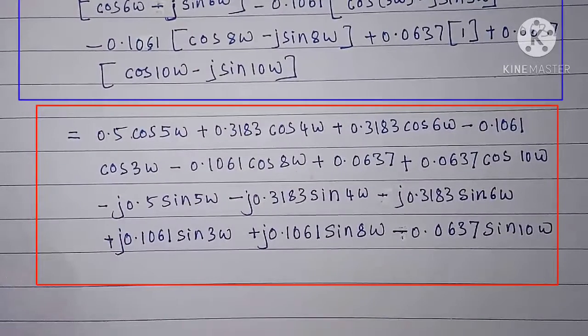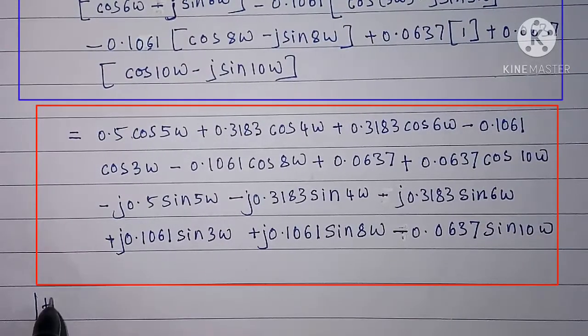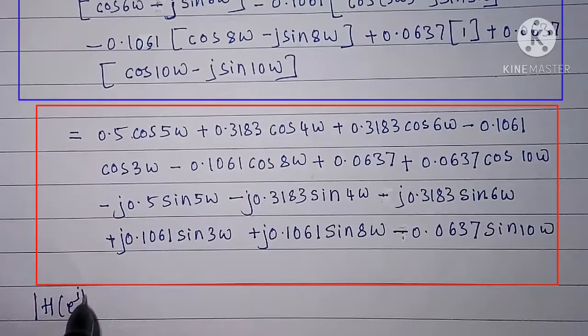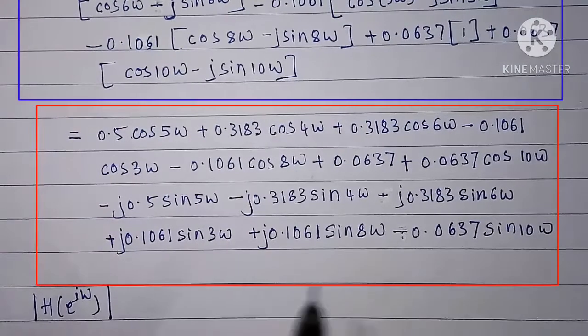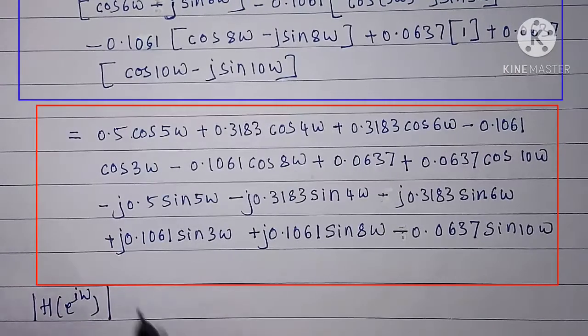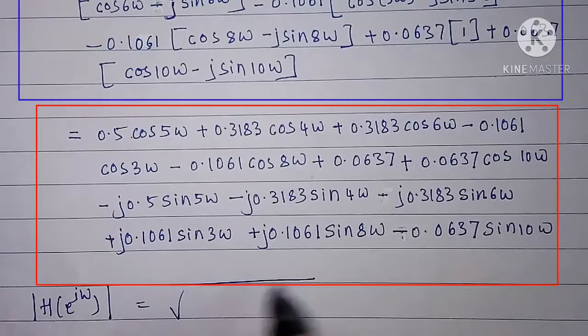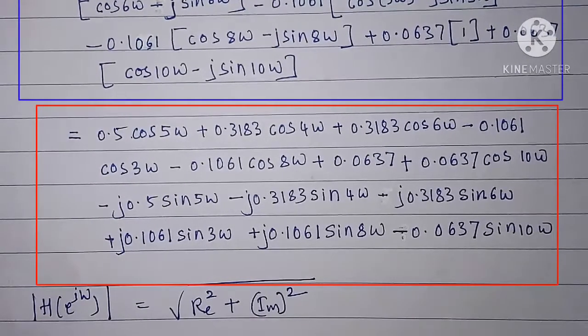Next we have to find amplitude of h of e raised to j omega, which is under root real part square plus imaginary part square.